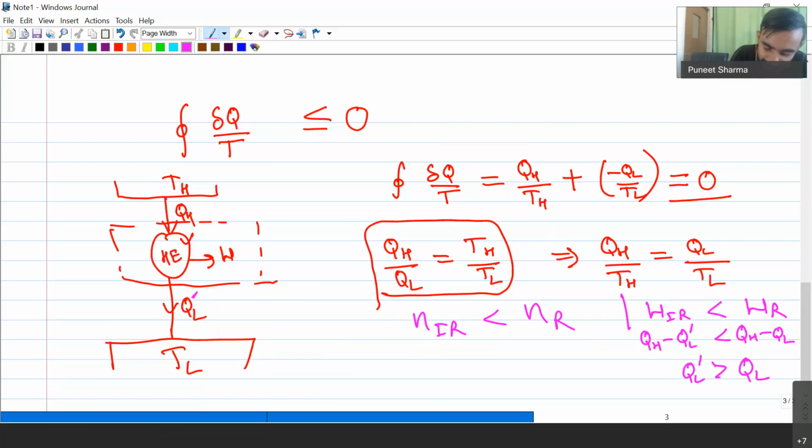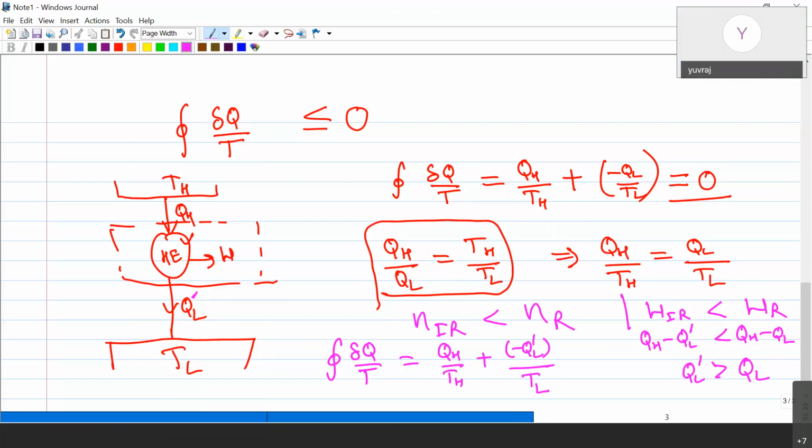Now if I write for the irreversible cycle, the cyclic integral of del Q by T will be nothing but QH by TH plus minus Q dash L divided by TL. Till this point it is correct? Yes, sir. Now you see TH and TL are the same, and this Q dash L is greater in comparison to QL.